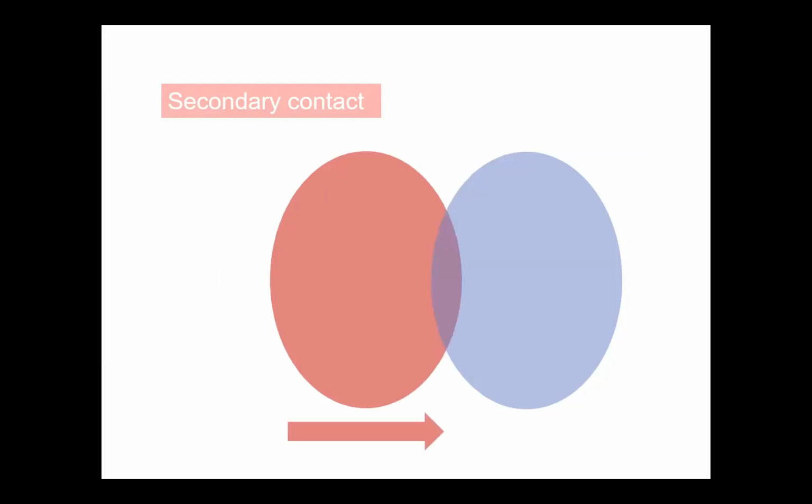If the glacier is removed and the species spreads north, and so they're now in contact, that is what we call secondary contact, and that's a potential hybrid zone because those two species evolved in the absence of one another, and so there's an absence of reproductive barriers. So reproductive barriers between species evolve in the presence of contact. If there's no contact, then there's really no reason to see a hybrid zone in the absence of those barriers.